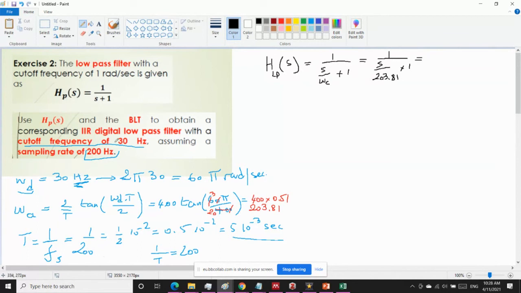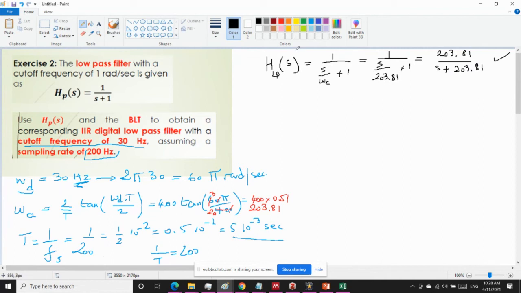We want the analog cutoff frequency, not the digital one. So it becomes 203.81 over S plus 203.81.